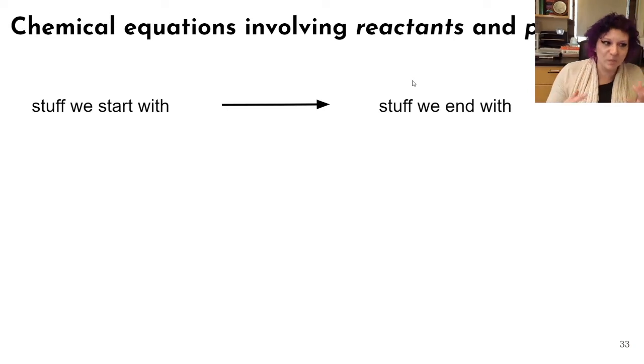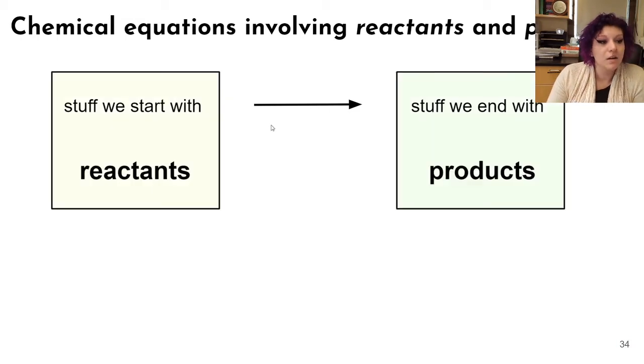No, we want to account for everything that's going on. That's what makes it chemistry. So the stuff we start with are the reactants. Stuff we end with are the products. I want to point out that sometimes it's not always plural. It's not always multiple reactants, multiple products. Sometimes it's just one reactant, one product.